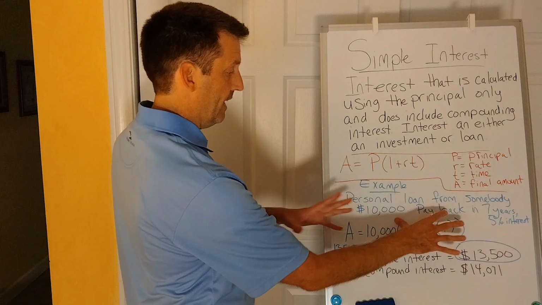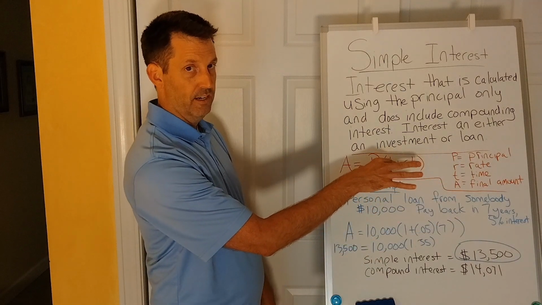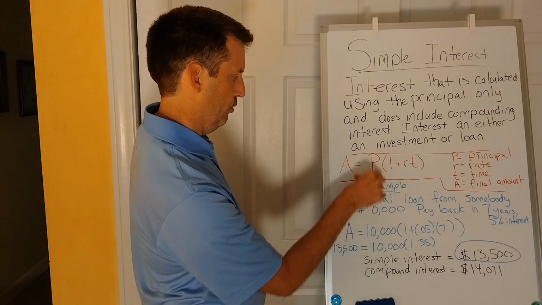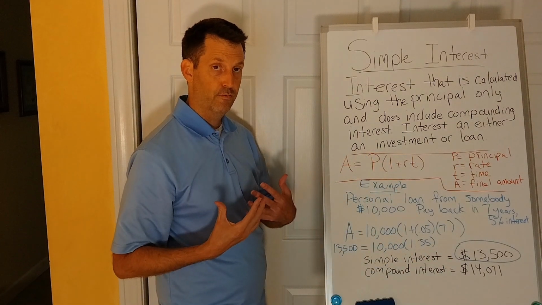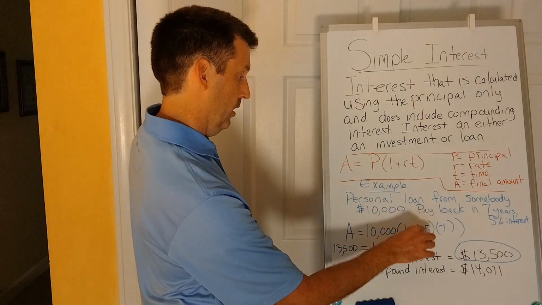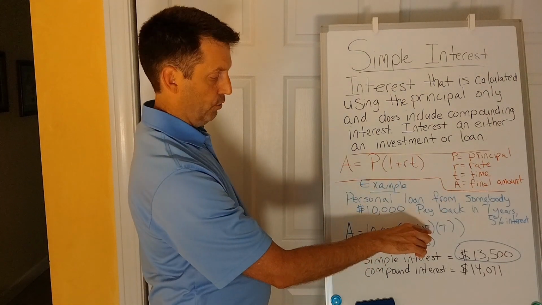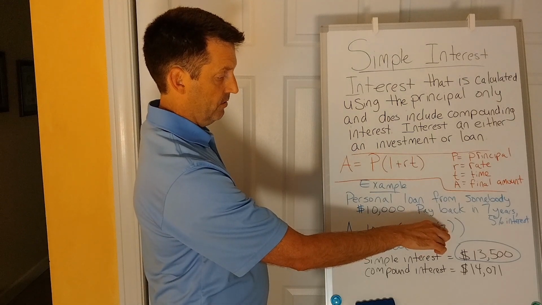So you take this data and plug it into the equation. We'll do that together. We take our $10,000 and put it in for P. It's the principal, the money you get initially from the loan. The rate is 5%, written as a decimal, 0.05, and 7 years.